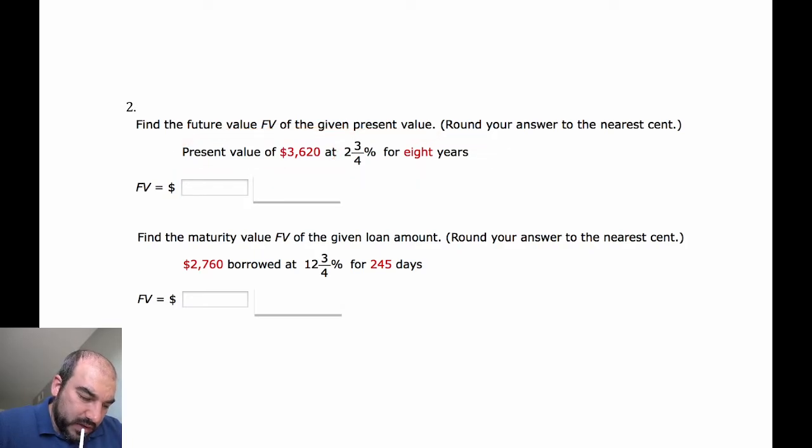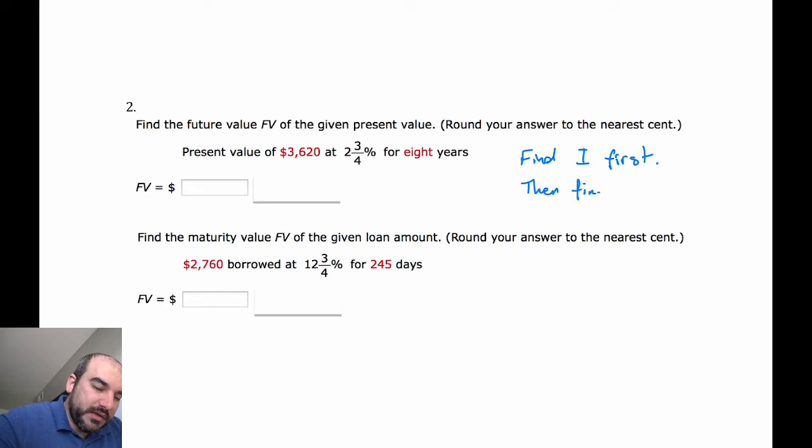And then on this one, I don't need to make any notes. I guess my note would be find I first. So find interest first, then find future value for number 2.